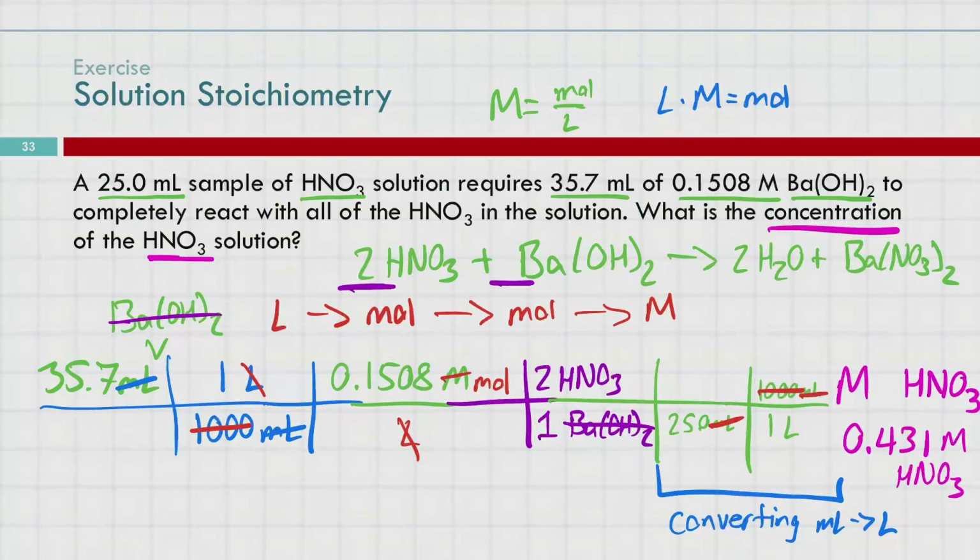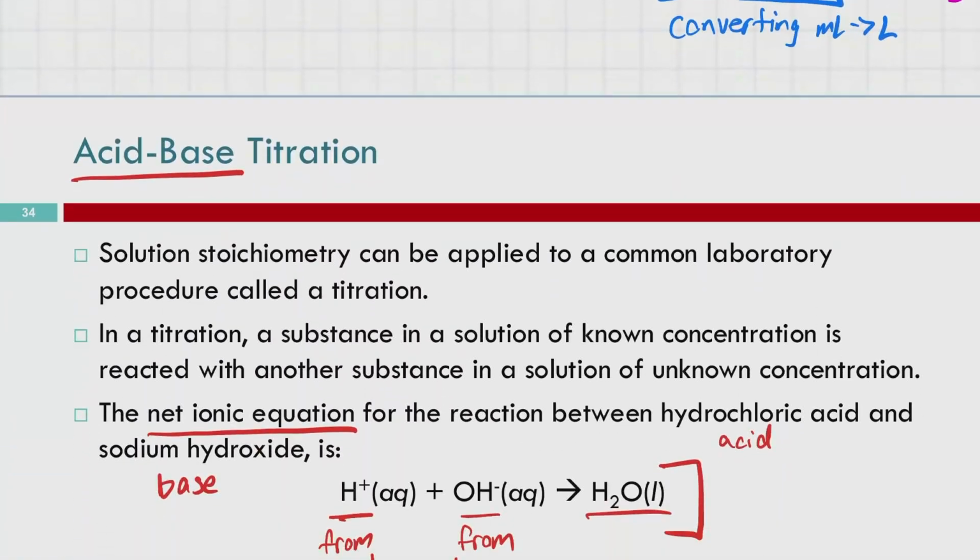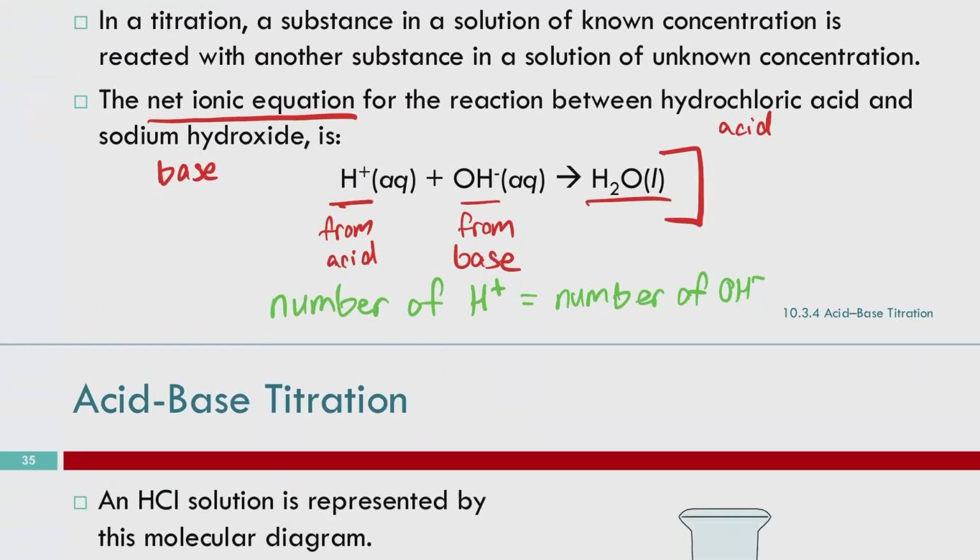I know that I need to have an equal number of H pluses and hydroxides. So I saw barium hydroxide has two hydroxides. That means that I need two HNO3s because there's only one hydrogen in front. So I need two of them to get these H pluses to balance out with the OH minuses, which is the important part of an acid-base titration.